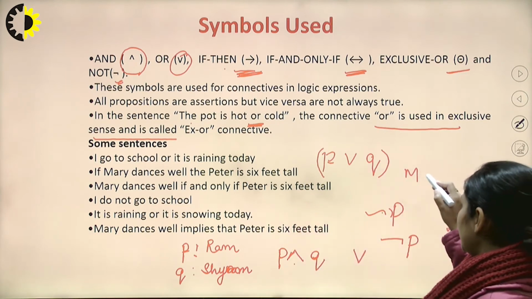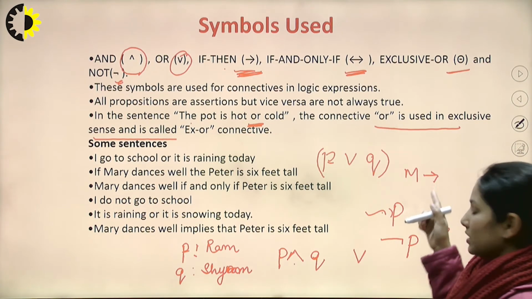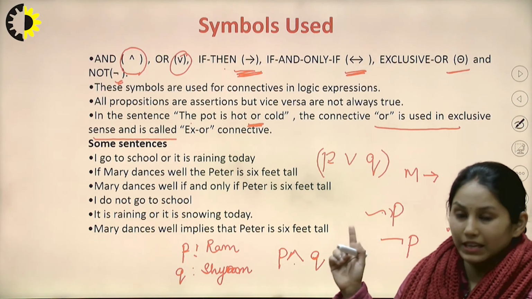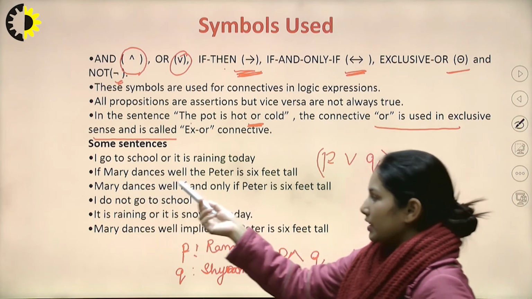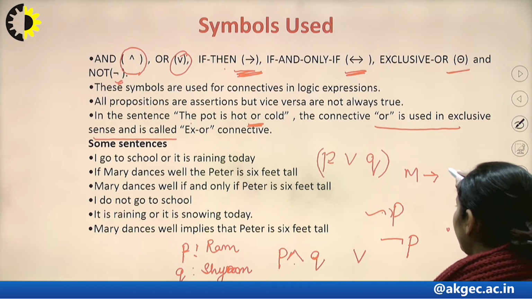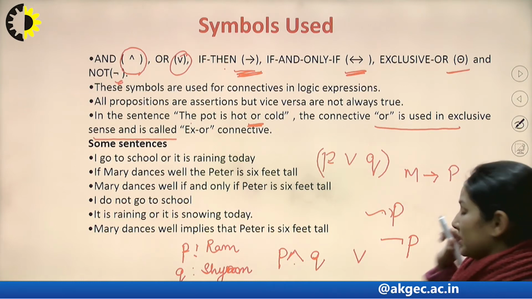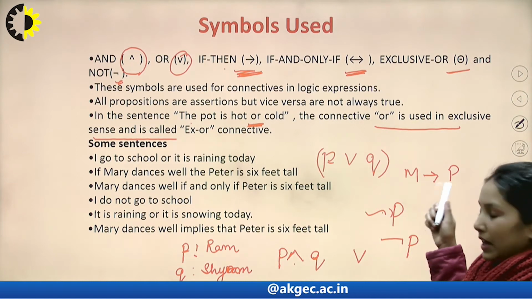So if Mary dances well implies, this is also known as implication, implies or tends to, whatever you want to say. If Mary dances well, then Peter is 6 feet tall. So if Peter is 6 feet tall can be represented as P, then it would be M tends to P or M implies P.